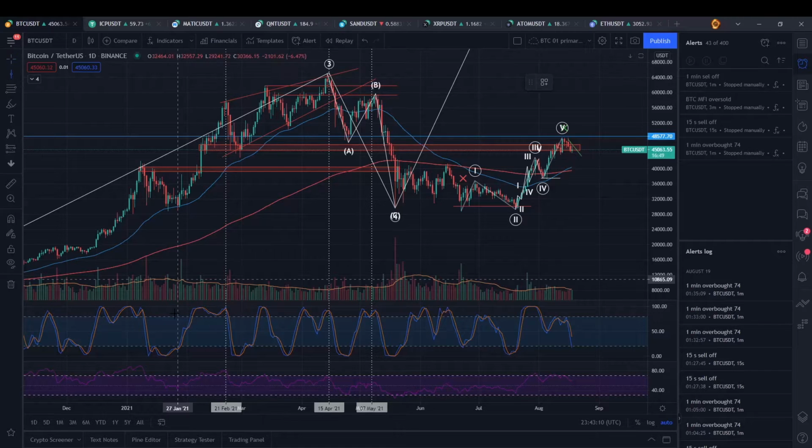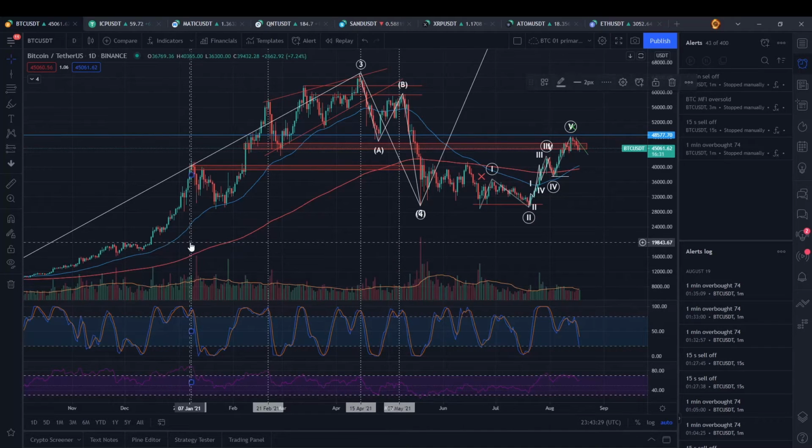While in the normal RSI, you see that here it was much more overbought than here, and here it was diverging. But the stochastic doesn't show these divergences because it doesn't stretch back in history like the normal RSI. So it's generally just a more sensitive RSI.